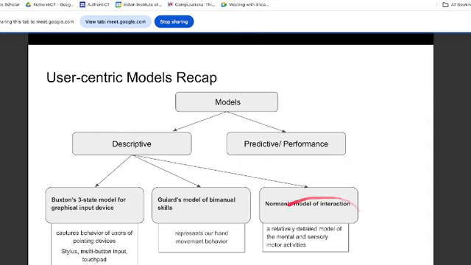In the third descriptive model, we went through Norman's model of interaction, where we looked at the gulf of execution and evaluation. It was a relatively detailed model about mental and sensory-motor activities.